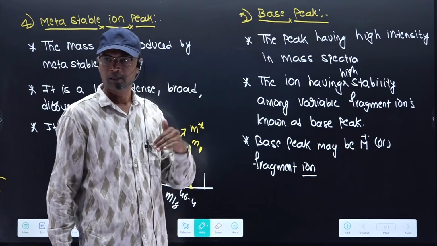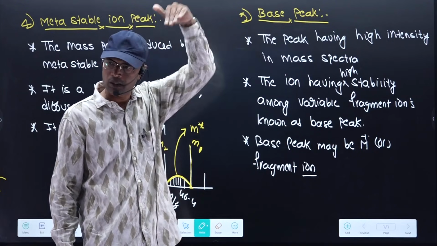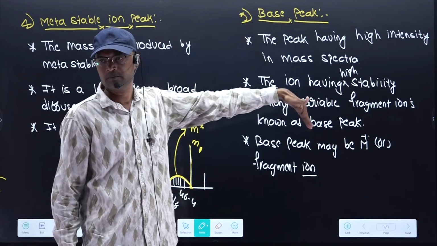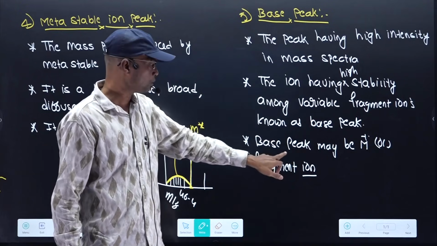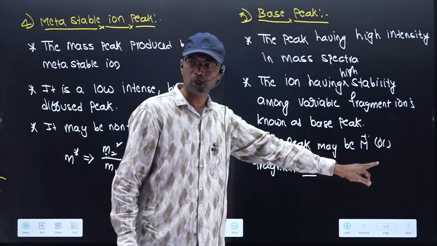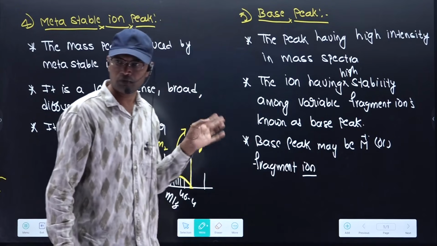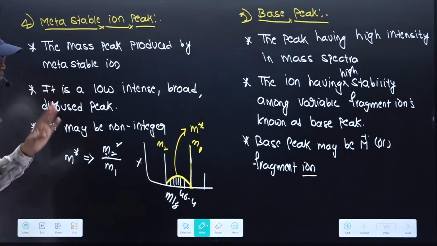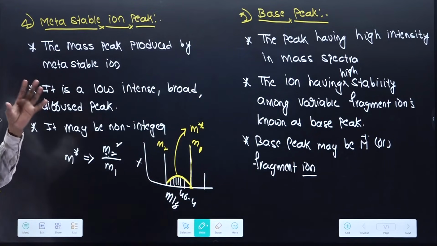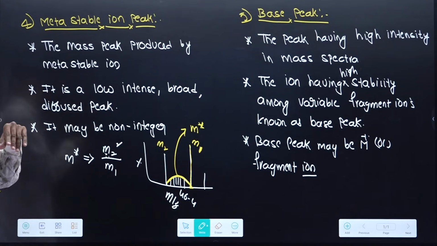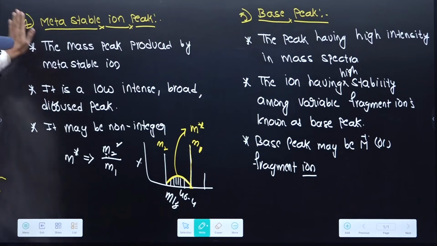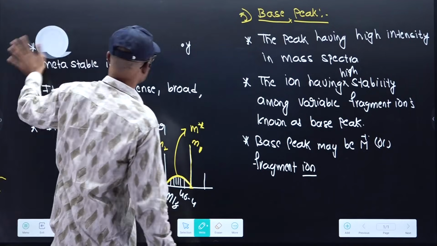Indirectly I am saying that sometimes the molecular ion is the highest intense peak as compared to fragment ions. So this point is important. Whichever is more stable, if you compare all factors, that particular ion is taken as 100%. That is called the base peak.